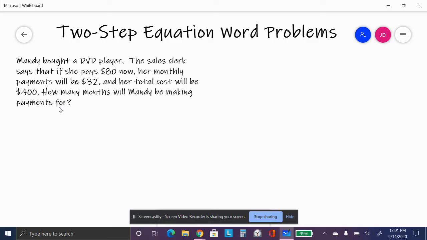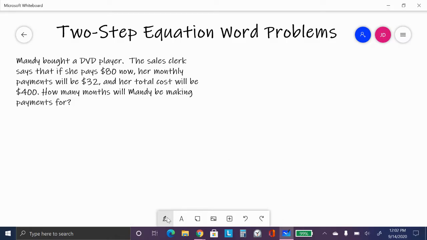So the first thing we want to ask ourselves is, what are we trying to find? What are we defining our variable? Remember, the variable is the letter that represents the number we're trying to solve for. In this case, I usually use the letter X. So what am I trying to find? I'm trying to find how many months Mandy will be making payments for. So I'm going to define my variable as the number of months.